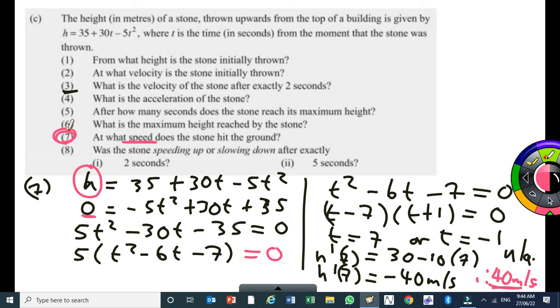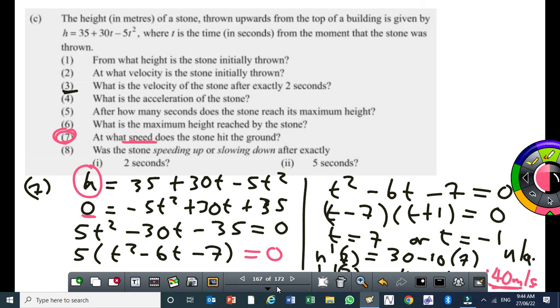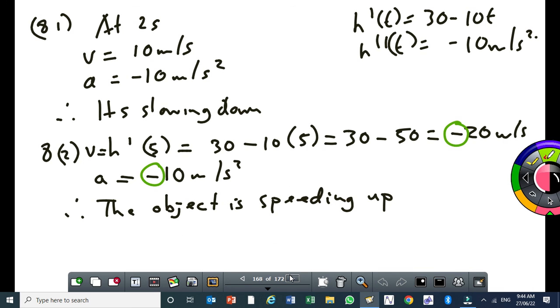Then number 8, was the stone speeding up or slowing down after exactly 2 seconds? Right? So let's see. After 2 seconds, v is 10 meters per second, acceleration is minus 10 meters per second squared. Now, you might be asking, where am I getting these answers from?